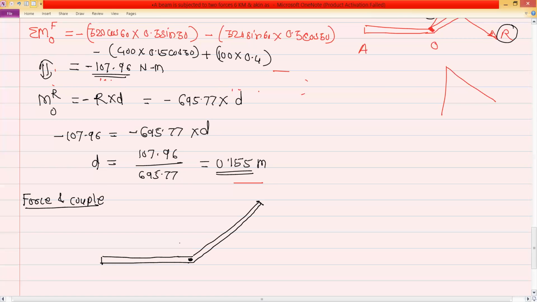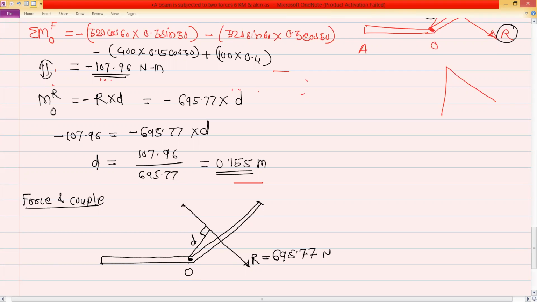Then we converted that system into a single force, which is called the resultant force. This is that resultant R, which is equal to 695.77 Newton. Then this is the perpendicular distance D of the resultant with respect to point O, which is the given point.